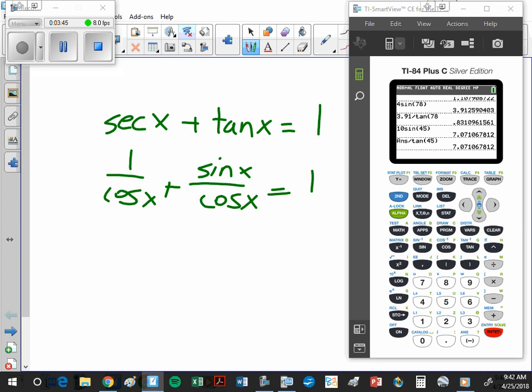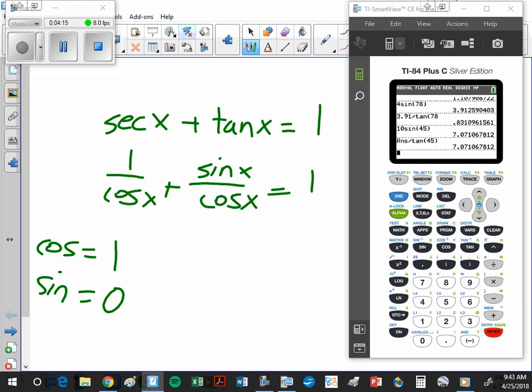We need the cosine to equal 1, and we need the sine to equal 0. Is there a place where the cosine is 1 and the sine is 0? At 0, or 2 pi? Why is it 0 and not 2 pi? 2 pi is not part of the provided domain. It's got to be 0. Okay?